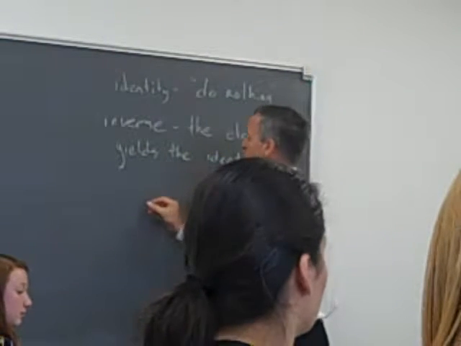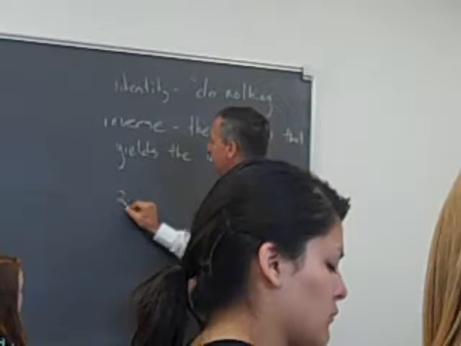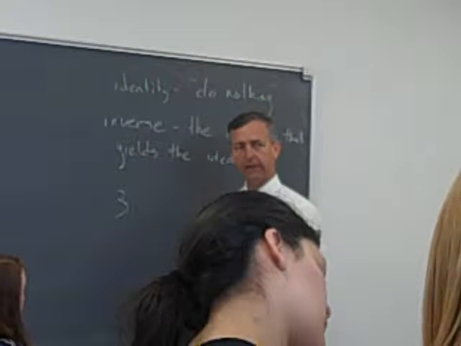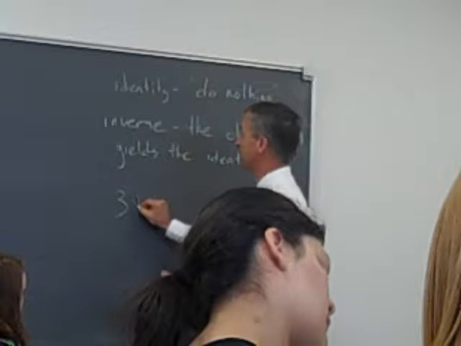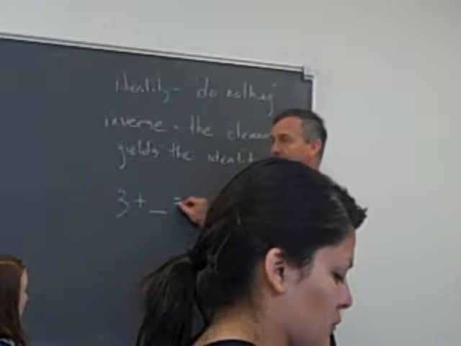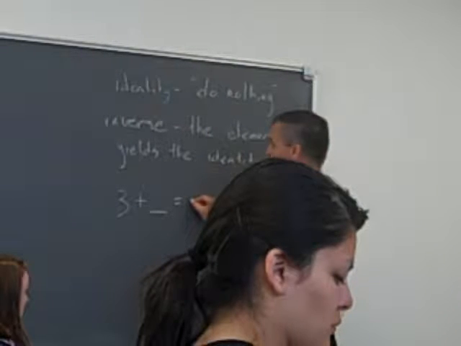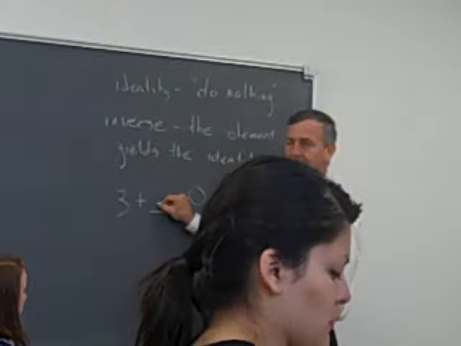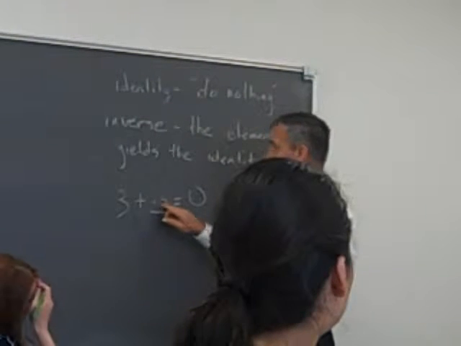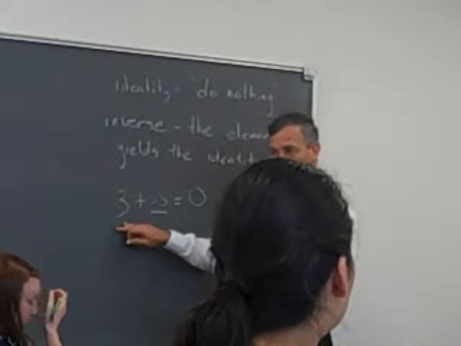So, if I ask you what is the additive inverse of 3, I'm asking the question, what would I add to 3 to get the identity? What's the identity for addition? 0. What goes in the blank? Negative 3. Negative 3 is the additive inverse of 3. Okay?